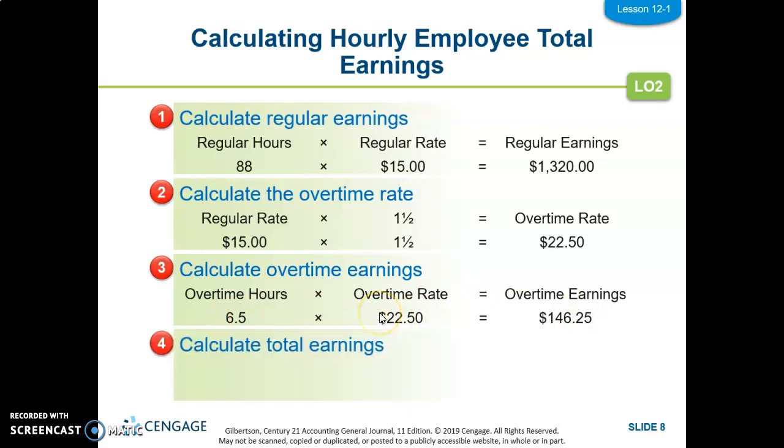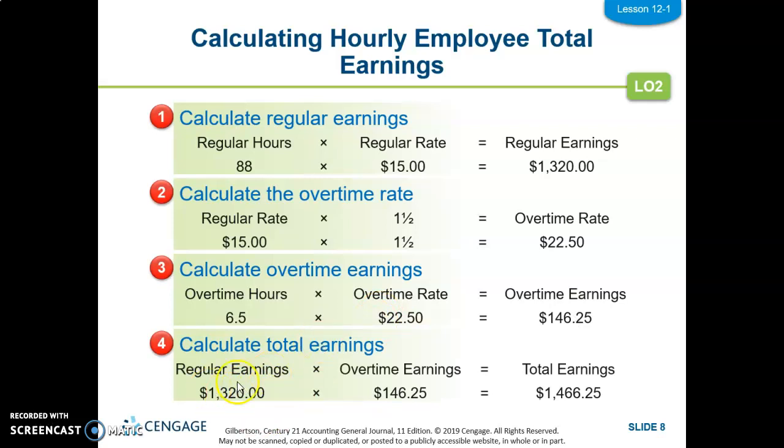So add those together and I get total. My regular earnings from above, my overtime earnings of 146.25, and then my total of 1466.25. That is the total earnings for that particular employee.